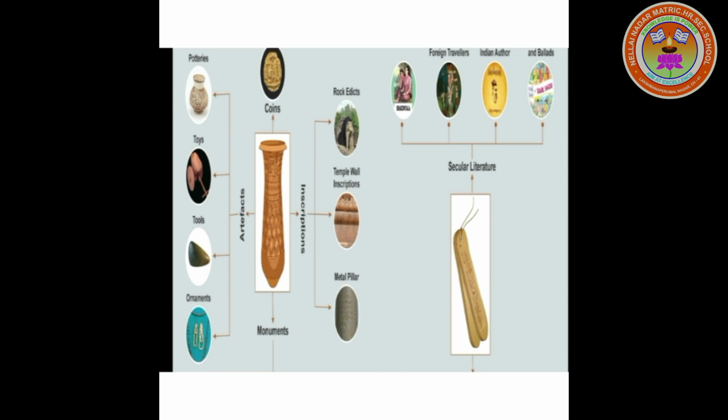Next one is coins. Coins were issued by the rulers during different periods. Next one is inscriptions. Writings engraved on rocks, temple walls, metal pillars, copper plates are called inscriptions. They provide a lot of information about rulers, people and society.